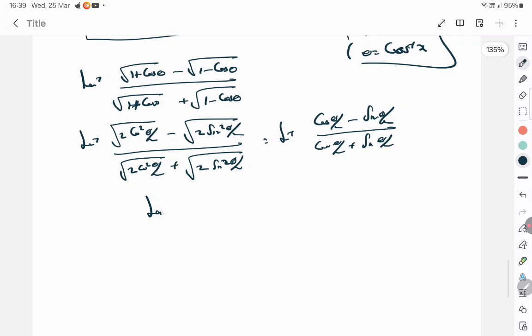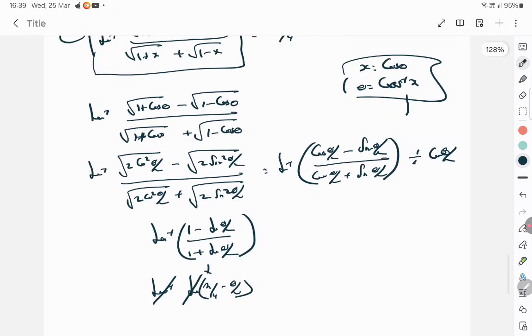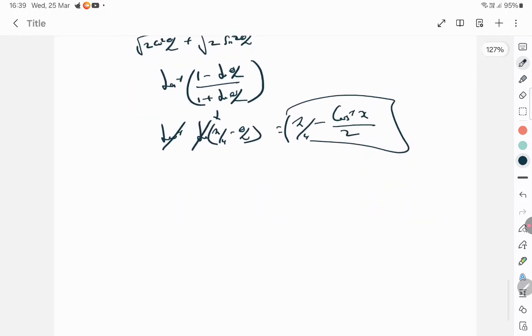Then tan inverse of 1 minus tan theta by 2 by 1 plus tan theta by 2, by dividing throughout by cos theta by 2 in the bracket. And this itself is tan of pi by 4 minus theta by 2 with a tan inverse. Tan inverse tan gets cancelled. What is theta in this sum? It is cos inverse of x. So pi by 4 minus cos inverse of x by 2, and that's your answer. So that completes that question.